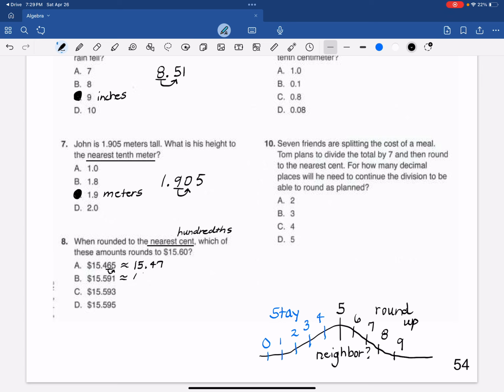This one would be about 1559. This one is about 1559. And this one is about 1560. That's the one that would round to 1560.